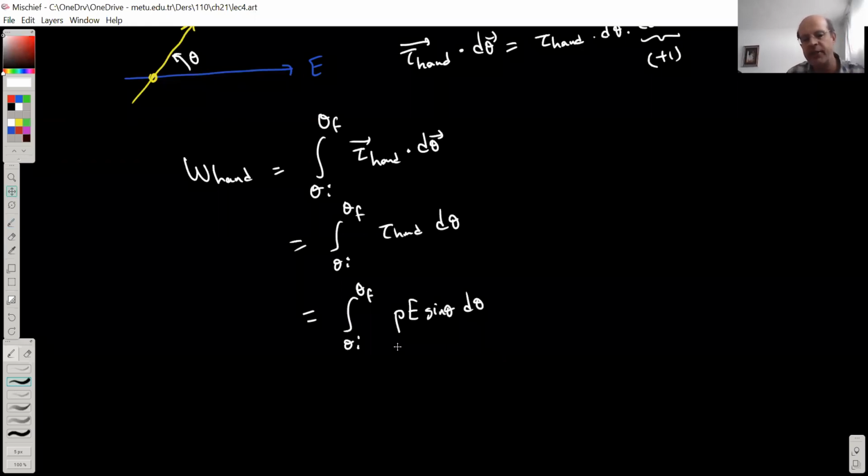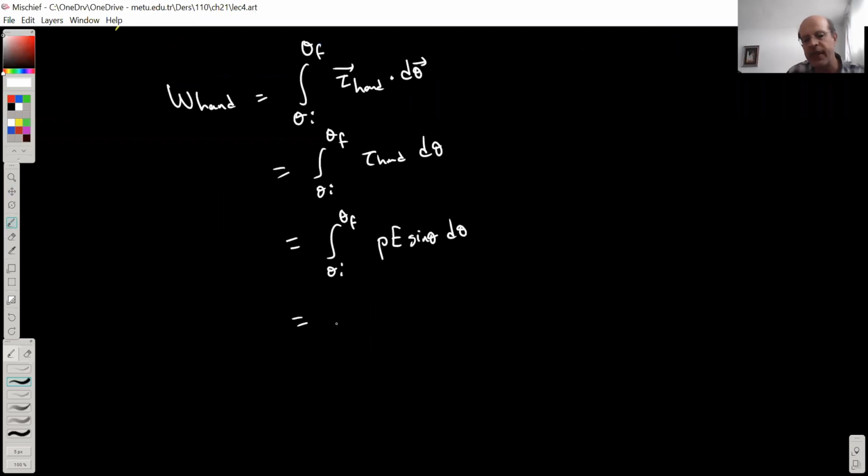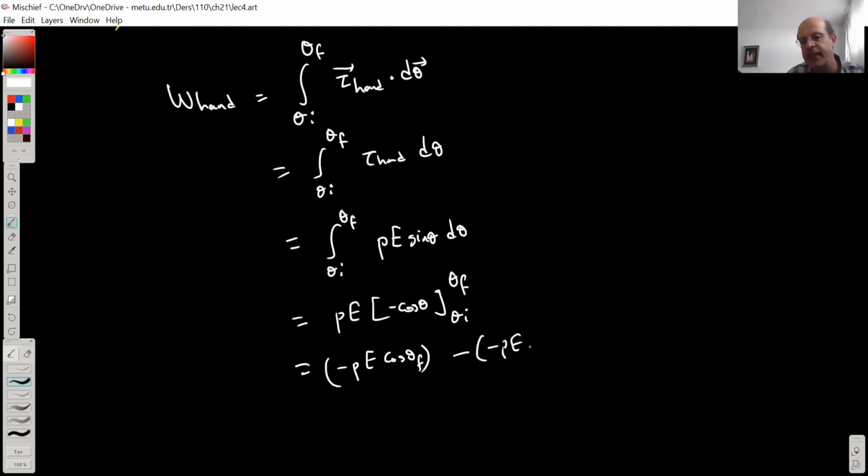So as a result, I need to integrate this. The integral of sine theta is cosine theta. Sorry, it's minus cosine theta. So this is equal to minus PE cosine theta final, and then minus PE cosine theta initial.